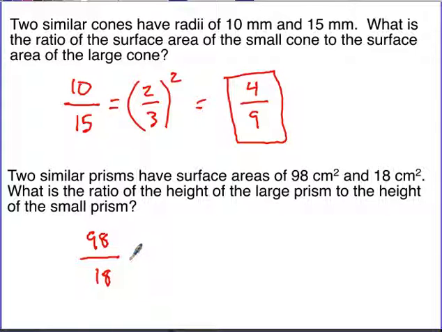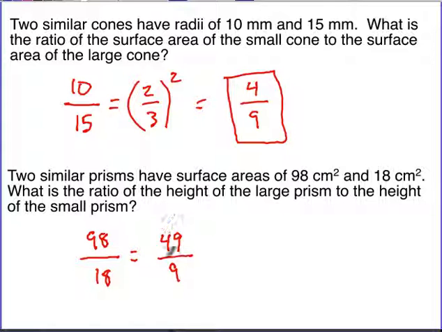18. And we can simplify that first. Simplify it would be, anyone? 49 over 9. And then what do I do?